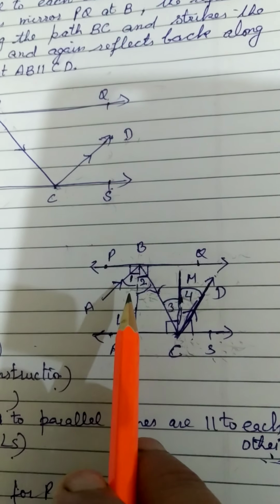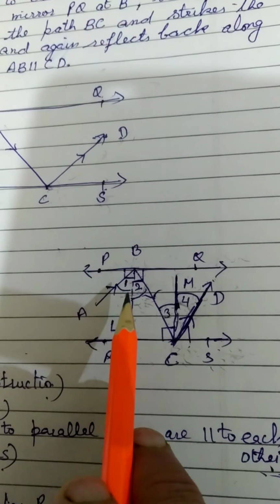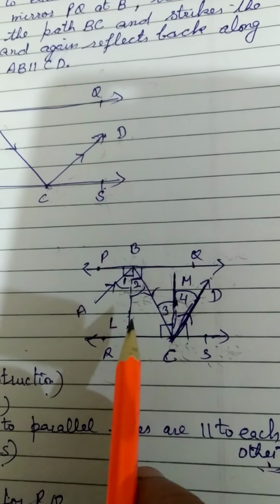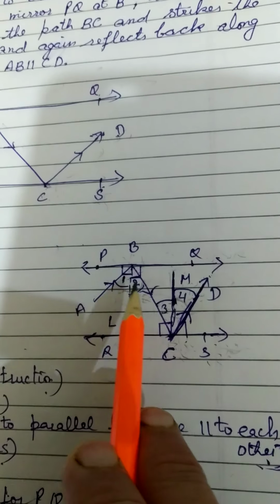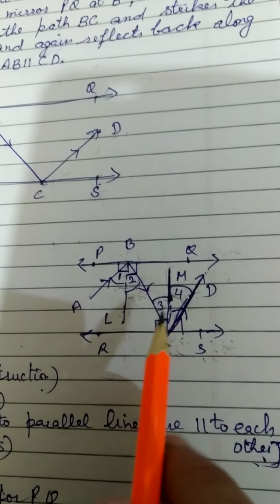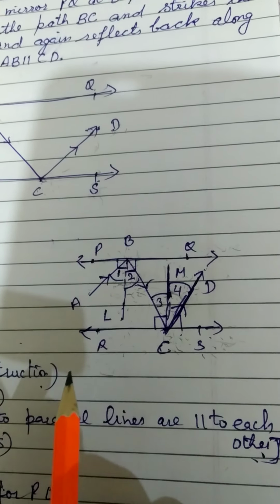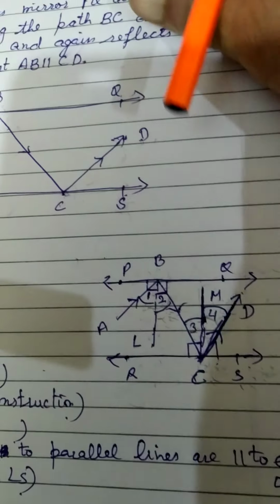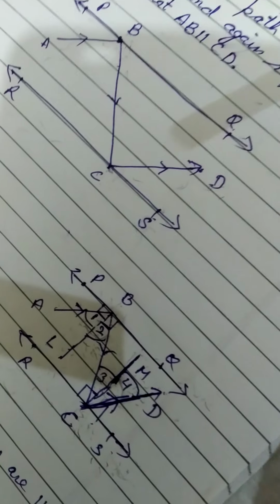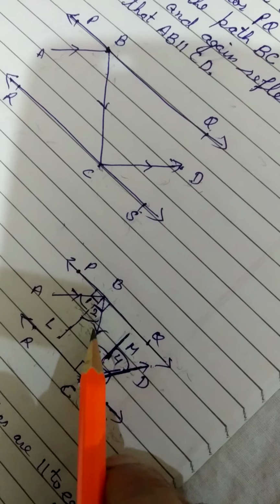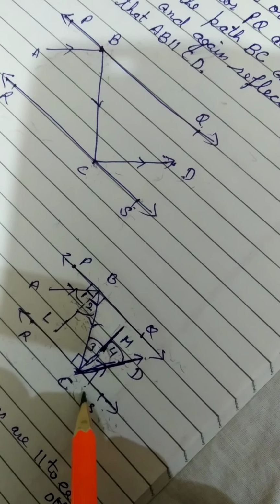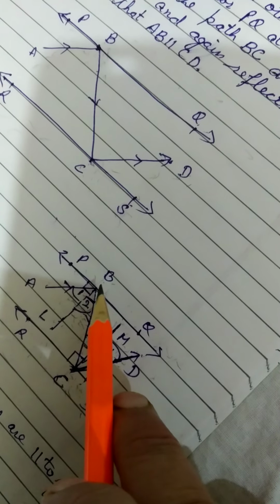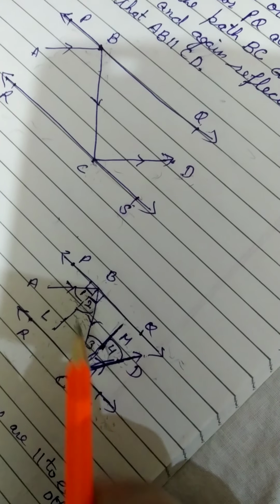Now if we add first two terms and the last two terms separately, then we get angle 1 plus angle 2 is equal to angle 3 plus angle 4. Now what is 1 plus 2? See, if I rotate it like this, angle 1 plus angle 2 is angle ABC and angle 3 plus angle 4 is angle BCD.